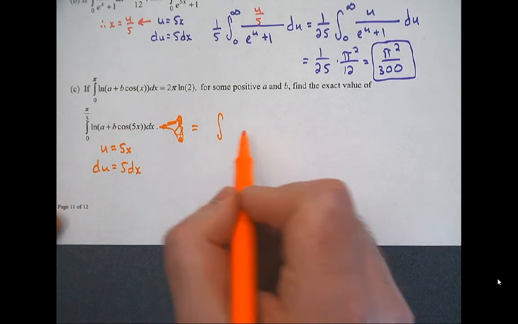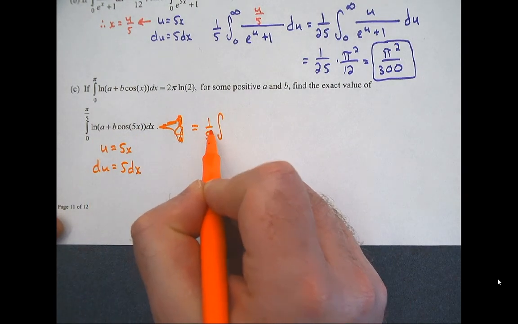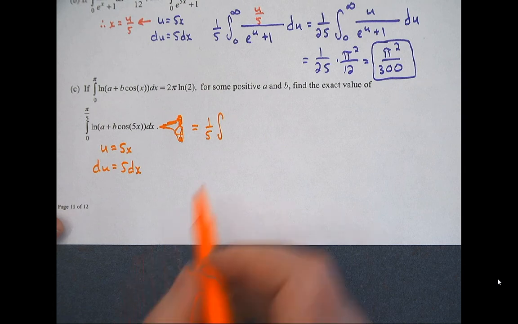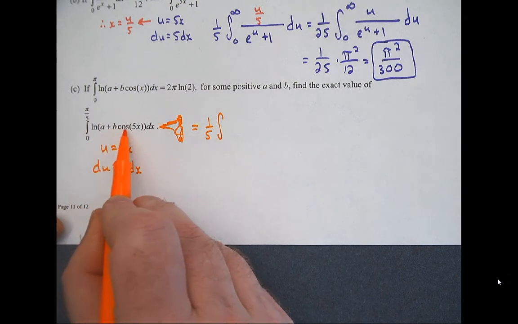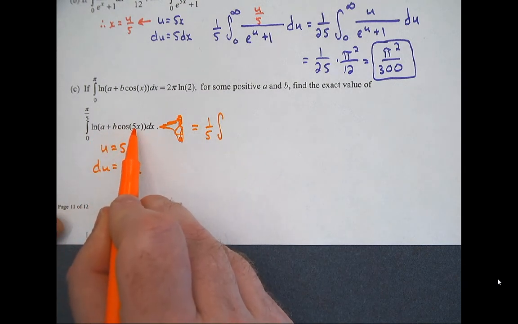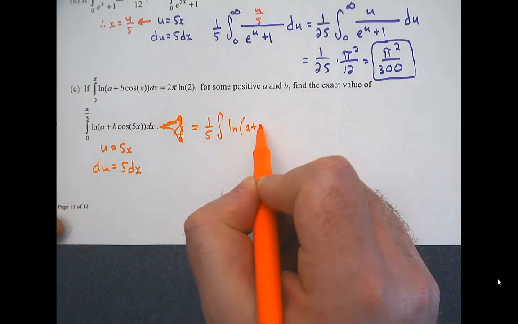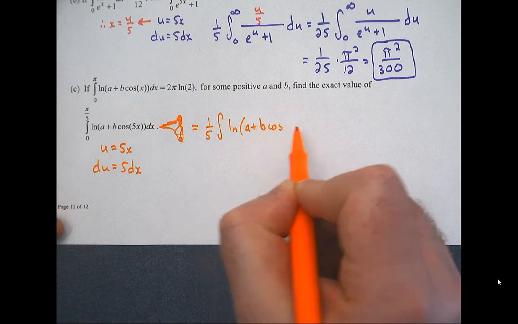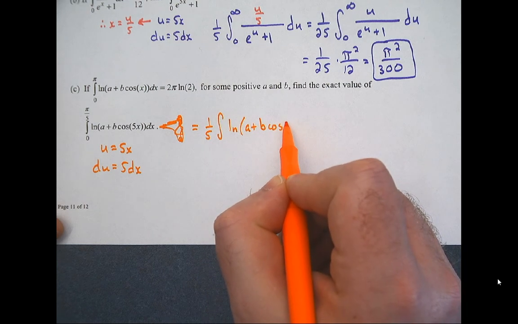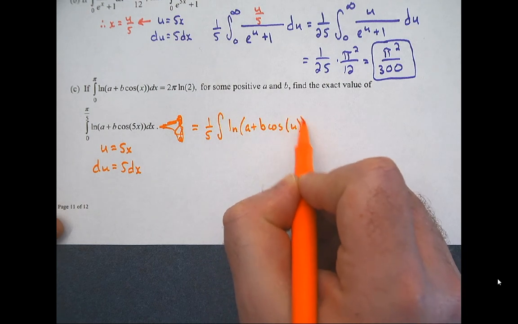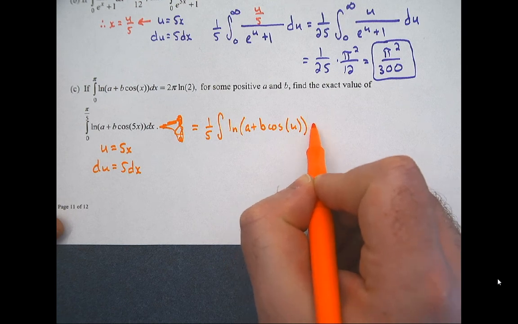So I need to build the 5 inside, which means I need to correct it outside, 1/5. And then all this stuff, the only thing that changes is going to be that guy. So that's going to be the natural log of a plus b cosine of u du.